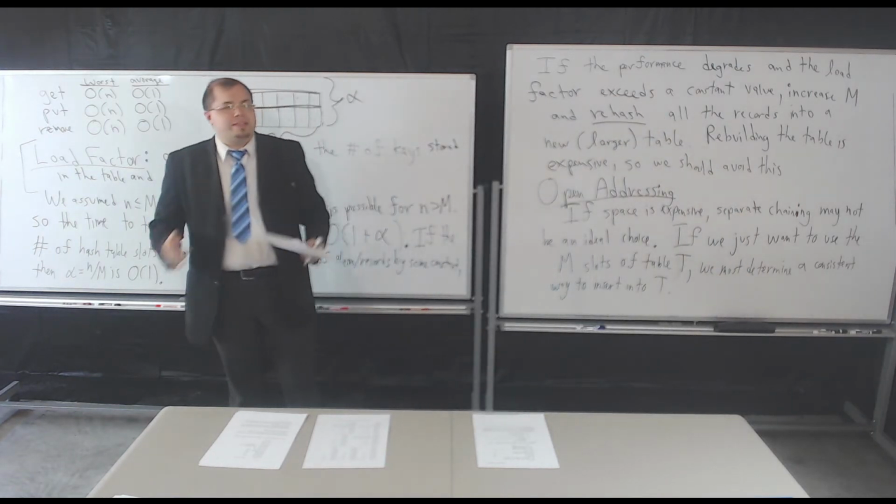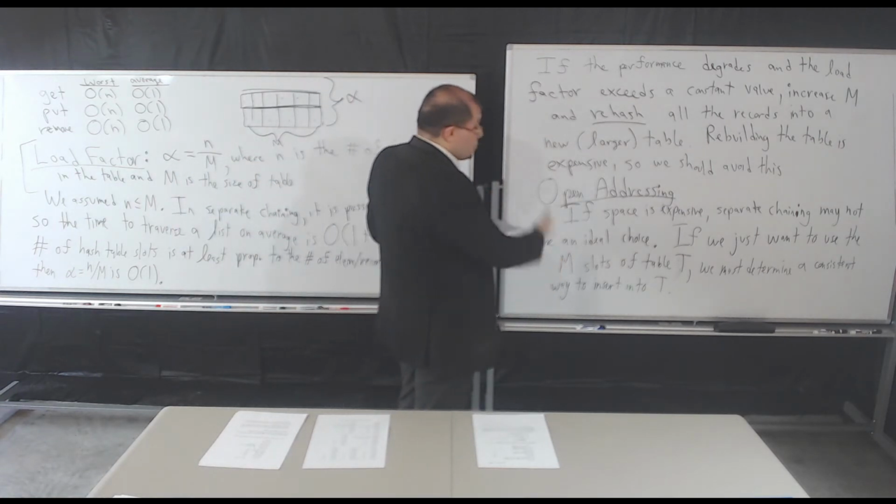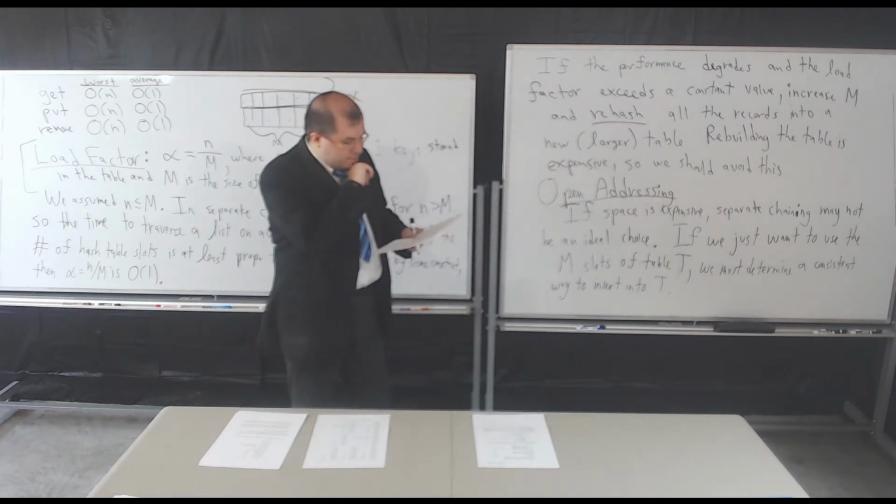Remember, if I just use the table itself and treat it like a lookup table directly, I'm going to run into collisions pretty fast. So I need some consistent way of dealing with things.